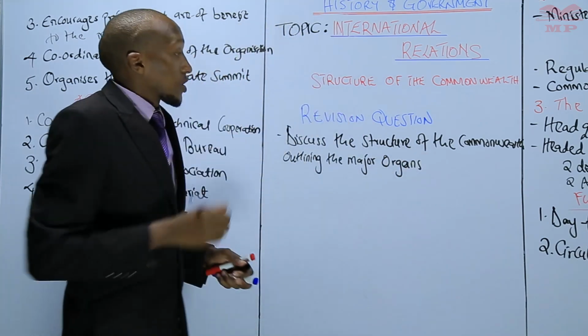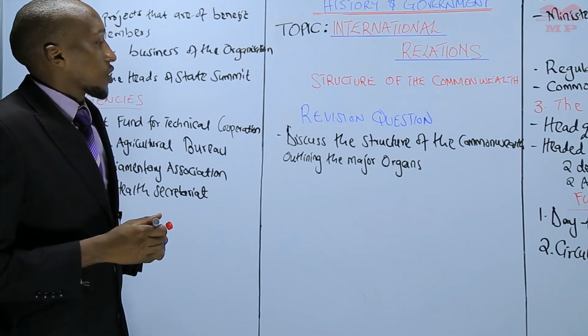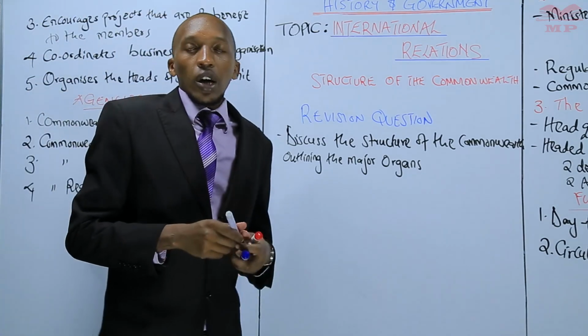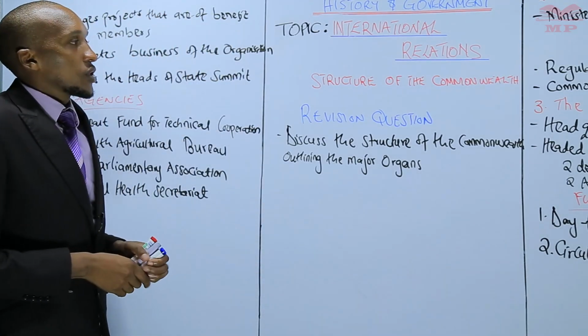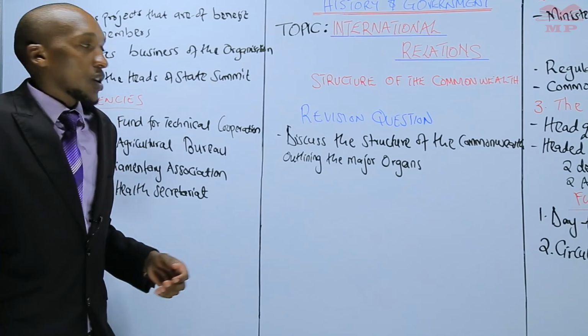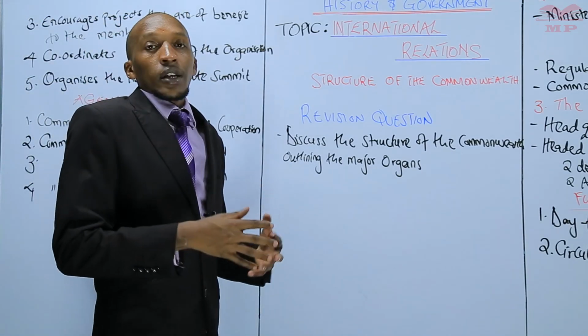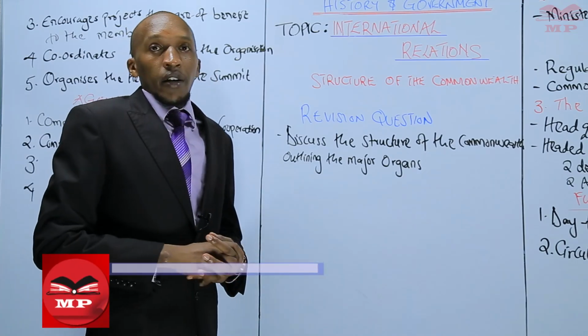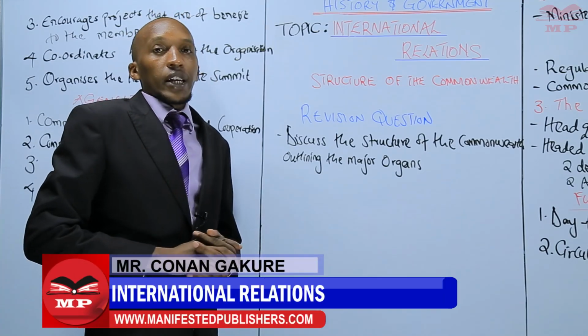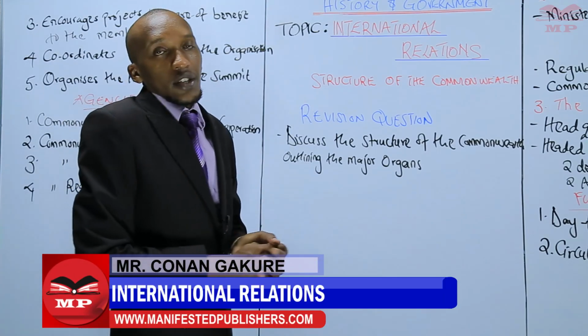You should be able to discuss each and every organ of the Commonwealth and how they are formed, their membership and their function. So that brings us to the end of our history and government lesson today.